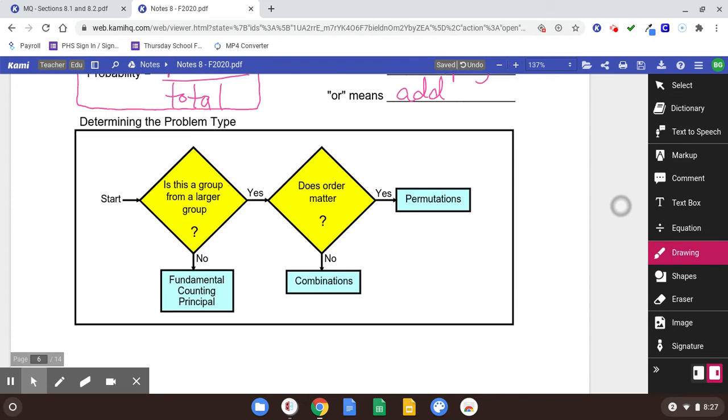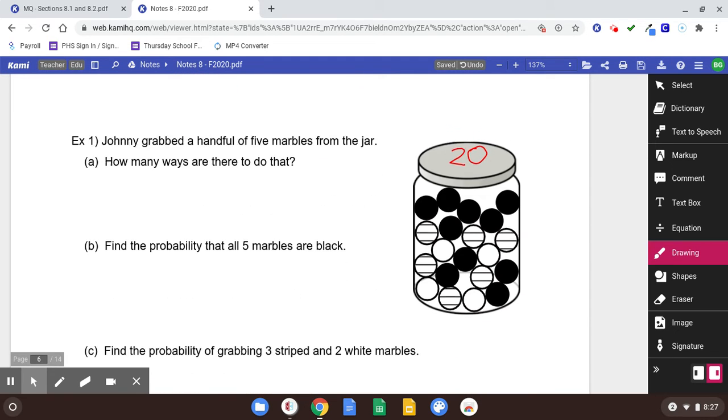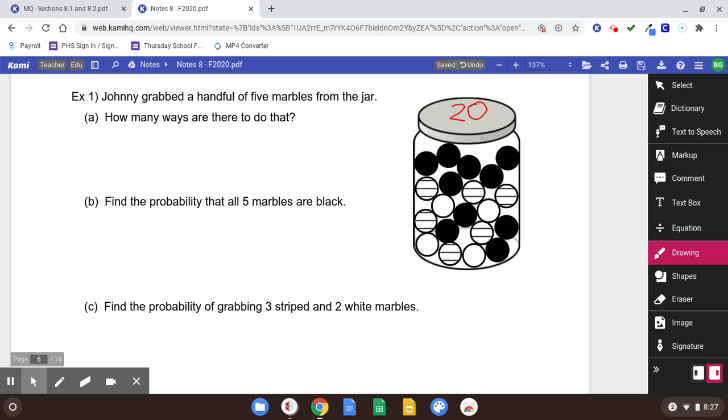So again, flow chart, group from a group, yes. Does the order of those marbles matter? I don't think so. No. So this would be a combination, 20C5. You should be able to do that on your calculator.